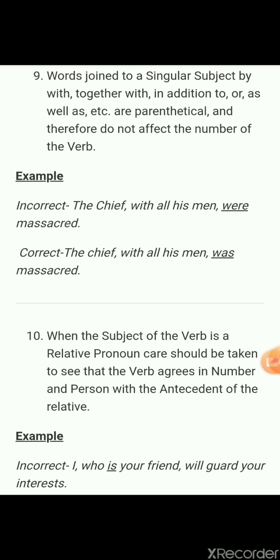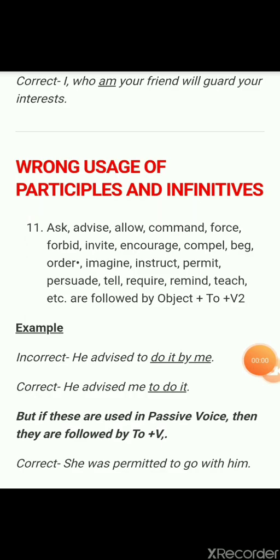I, who is your friend, will guard your interest. Continuing with the correct answer, I always come with am. So we need to take care whether the subject agrees with the verb or not. So I will always come with am. So I, who am your friend, will guard your interest.